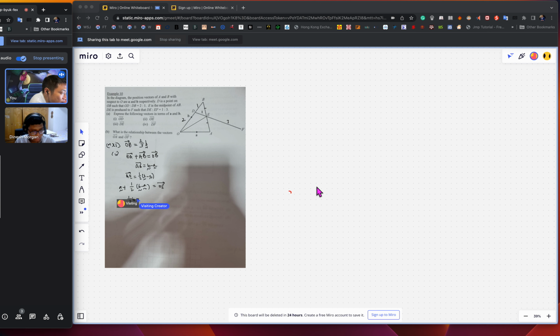You might want to take out the common factor half, so you get half of bracket b plus a, or a plus b, with a wavy line at the bottom of both b and a, because we're not doing algebra, we're doing vector. Once again, just want to caution you on that.